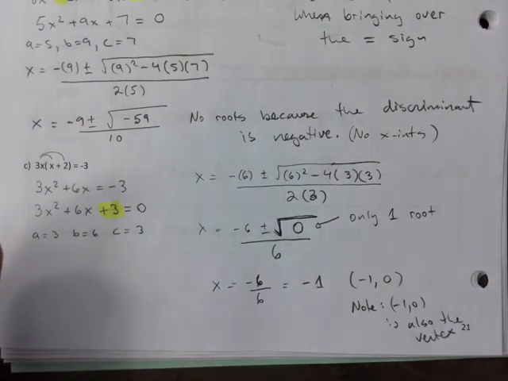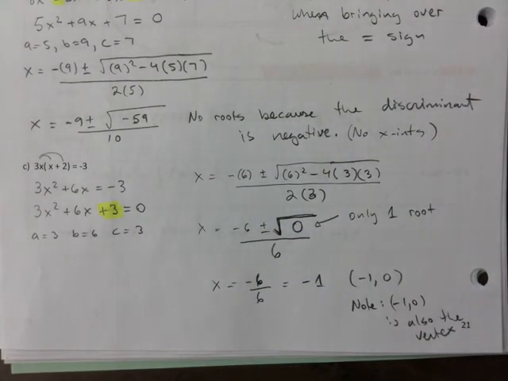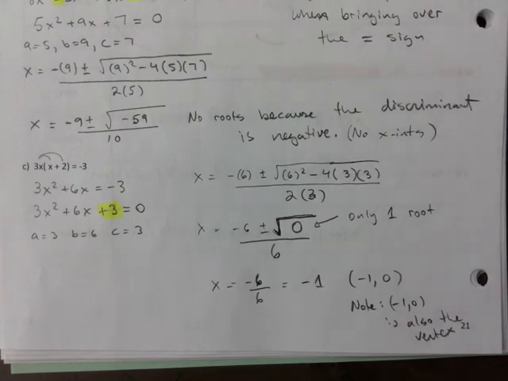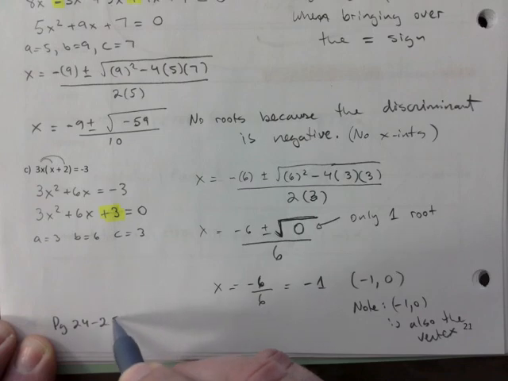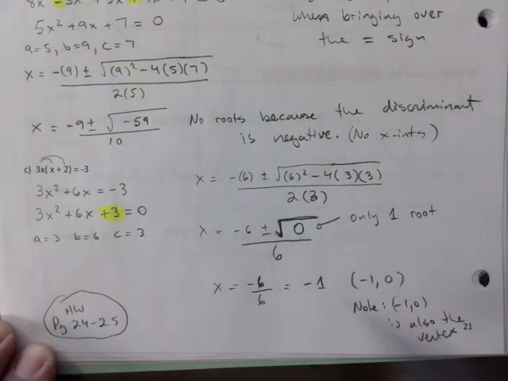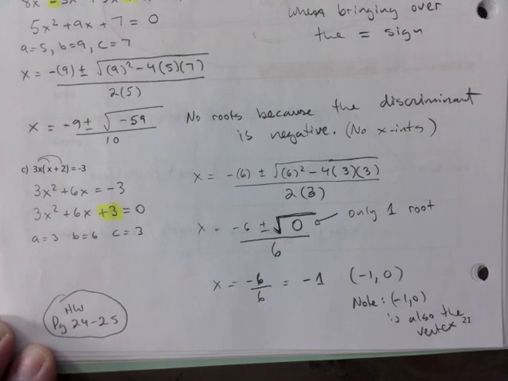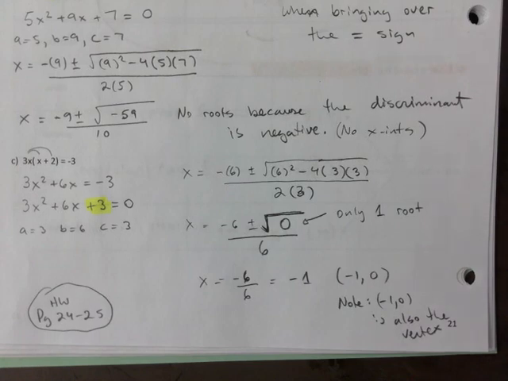I will say this. I'm going to send you to 24 to 25. But I will clarify something before you go there. Actually, let's go there and clarify so that before you start, you know what I'm talking about.